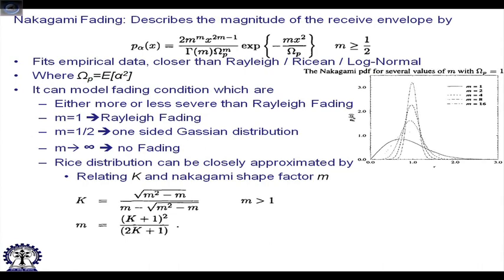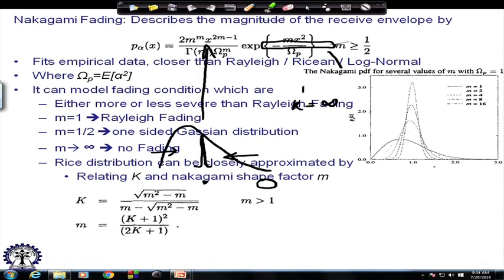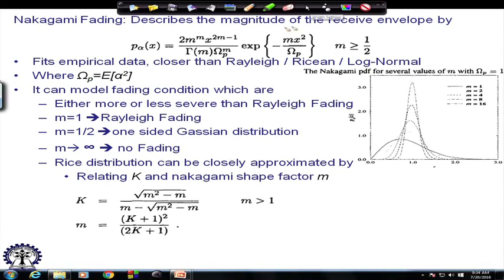So, the Nakagami distribution is the one which is depicted by the expression as shown here. P of alpha, alpha is mod of h, that is the envelope, is 2 m to the power of m, x is the random variable, to the power 2 m minus 1, divided by gamma of m, where gamma is the gamma function, omega p is the power of the received signal, e to the power of minus m x squared by omega p, for m greater than half.